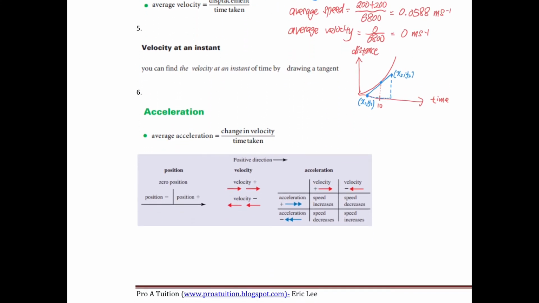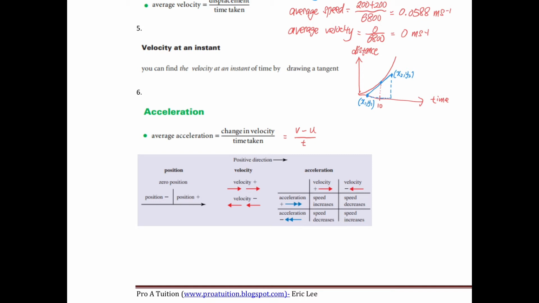Average acceleration is equal to change in velocity over time taken. If you are taking physics, this formula should be something that you learned a long time ago. Change in velocity is final velocity minus initial velocity, divided by time.